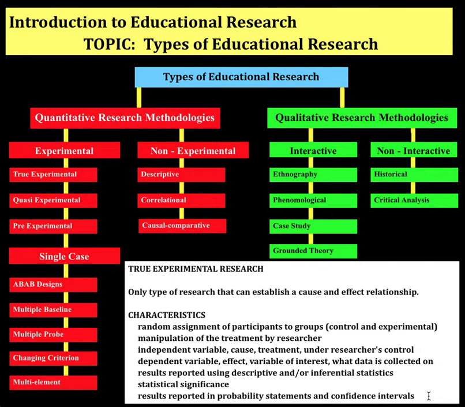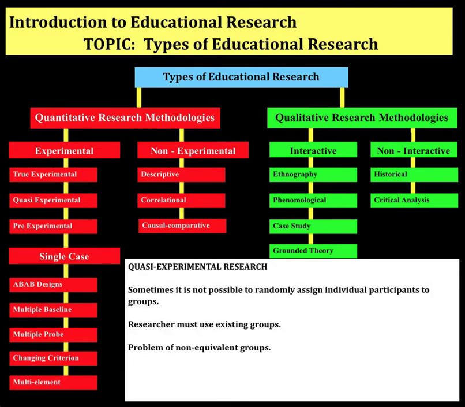I think a thing we need to keep in mind is research does not prove anything. Research makes probability statements. We can be 95% sure that behavior X was caused by treatment Y. So it's no proof, but it's a probability statement. That's true experimental research.